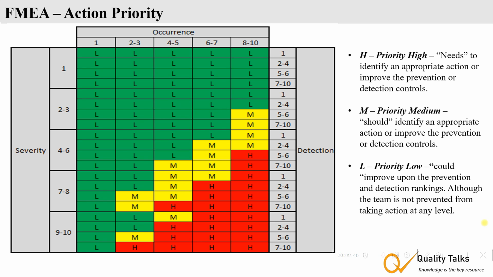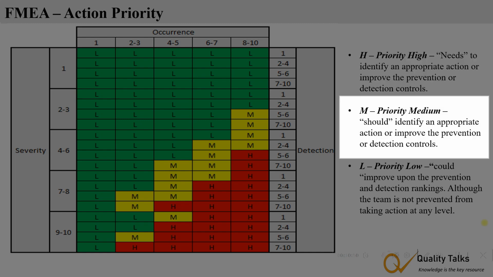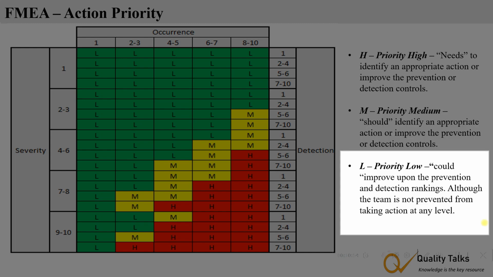This table considers severity, occurrence, and detection holistically rather than a single numeric value. If the action priority is high, then it is mandatory to take action. If the action priority is medium, then one should take action. If the action priority is low, then one could take action.